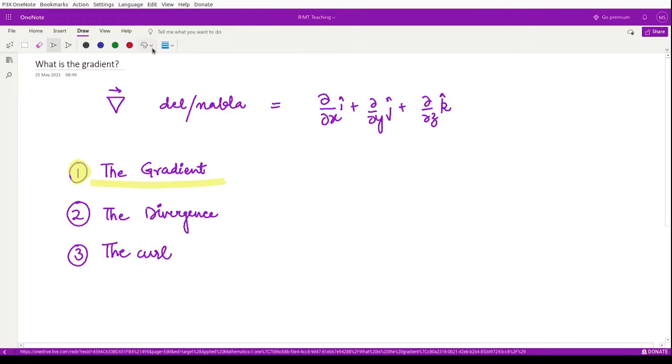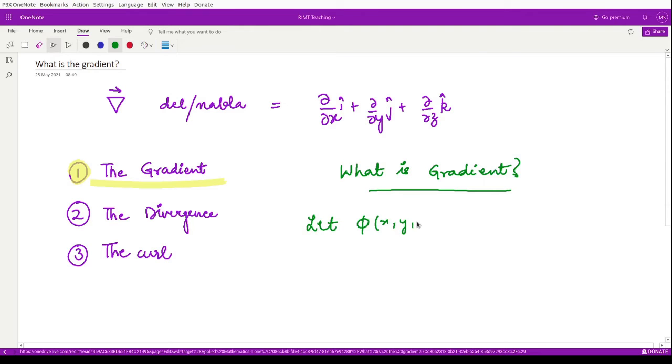For defining gradient, let me write it here. What is gradient? For defining gradient, what do you require? You require a scalar point function. Let phi of x, y, z be a function consisting of x, y, z, which is a scalar point function.